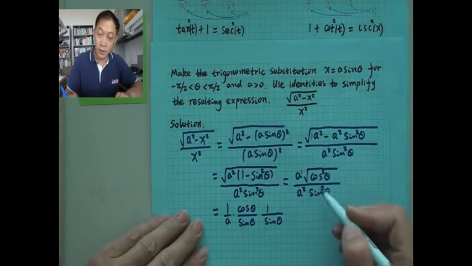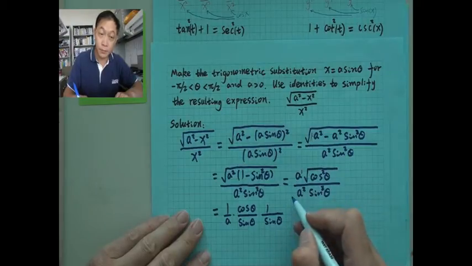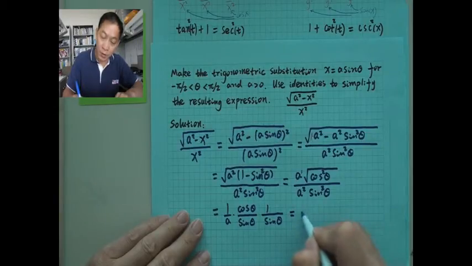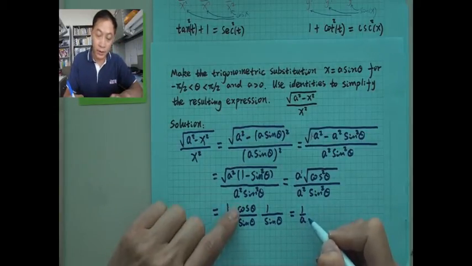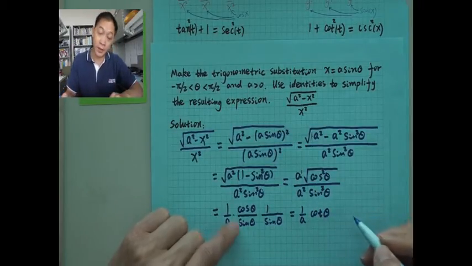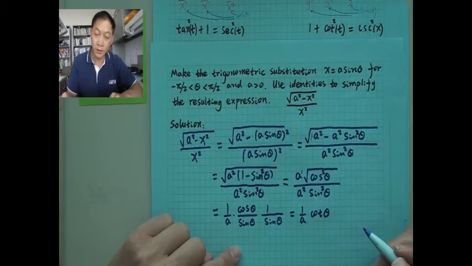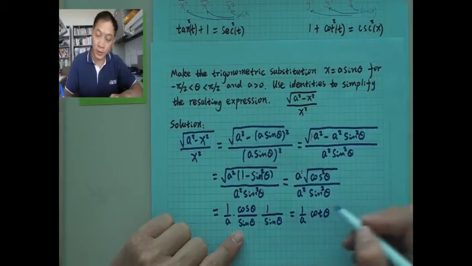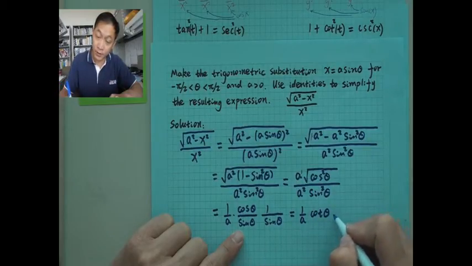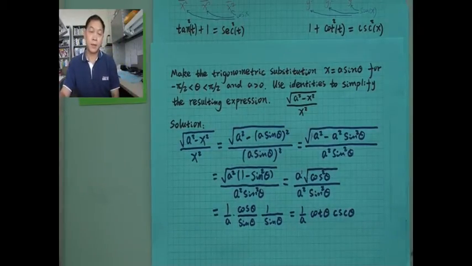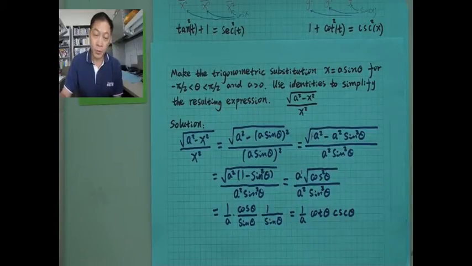Because you can do 1 over a, cosine over sine as cotangent. So you don't have a denominator, which is the purpose. And then 1 over sine as cosecant theta. Okay, in this way you simplified.